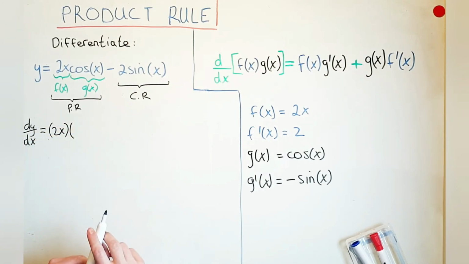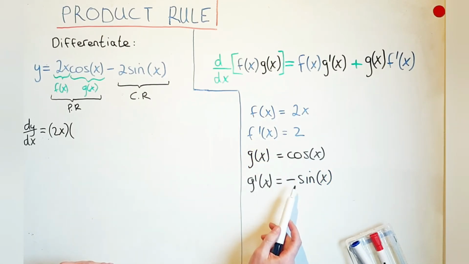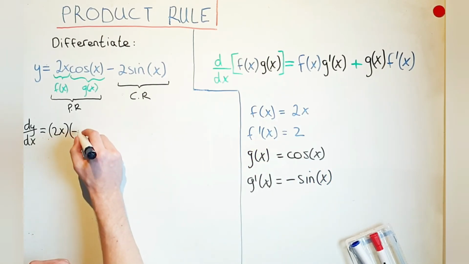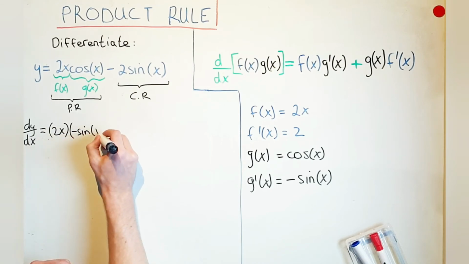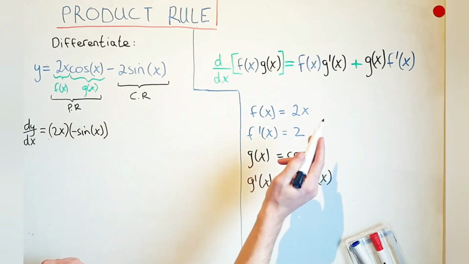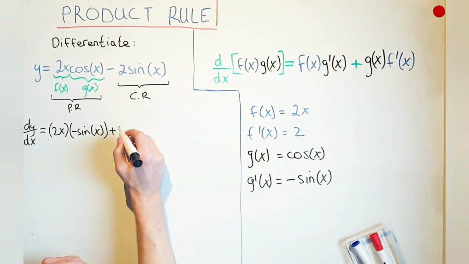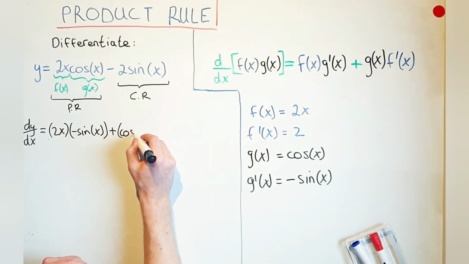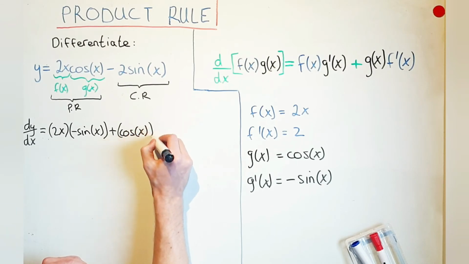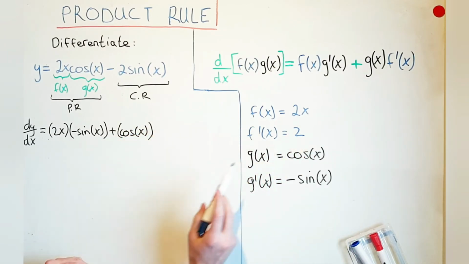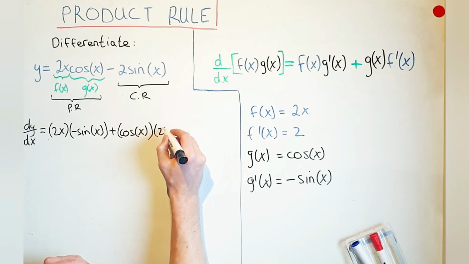The second factor is g prime of x, which we have determined to be minus sine of x. So minus sine of x. That is summed with g of x, which we see here to be cosine of x, and that's in product with f prime of x, which is just a 2.